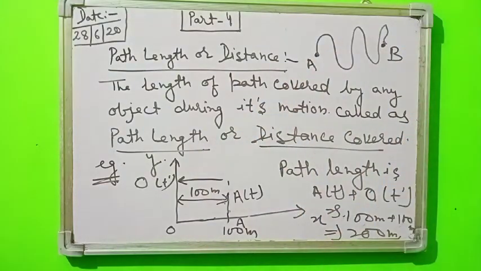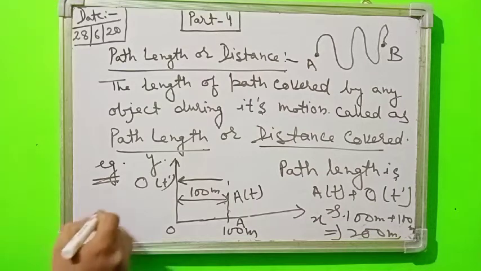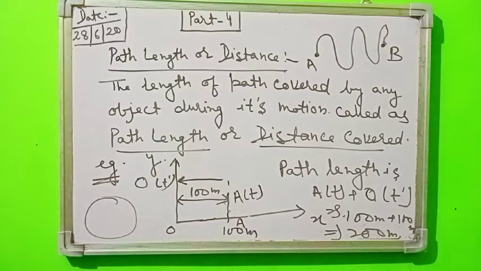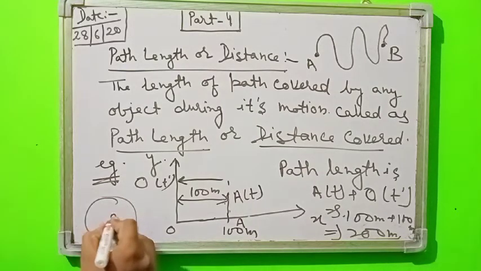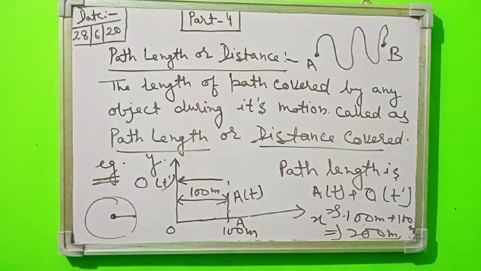That will be the path length. If an object is moving in a circular path, then the circumference of this circle will be the path length covered by the object.